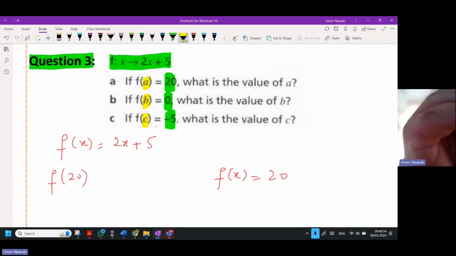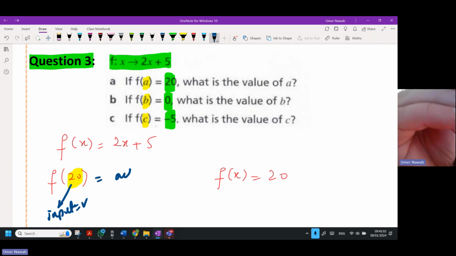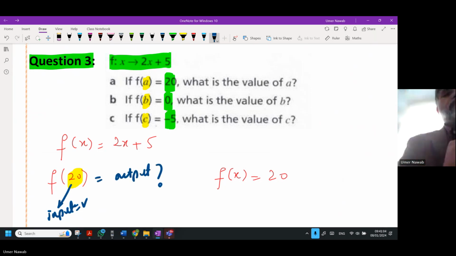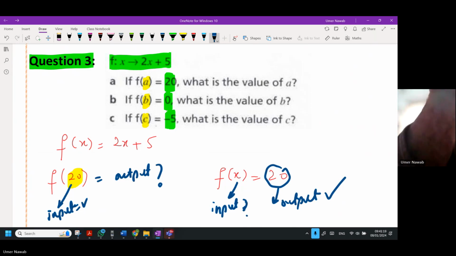Imagine, boys, here input is given, and he's asking you the output. And in this case, output is given, and he asks you about the input. So both are different things.